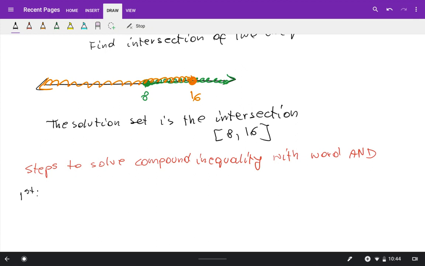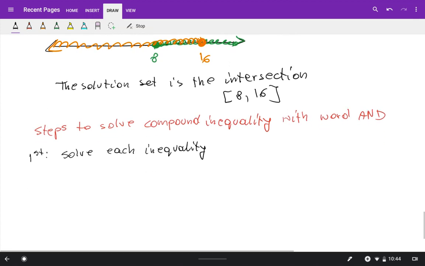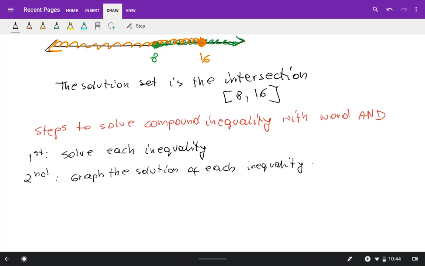Here I gave you the solution, but we're going to solve each inequality first. Second will be graph the solution of each inequality on the same number line.